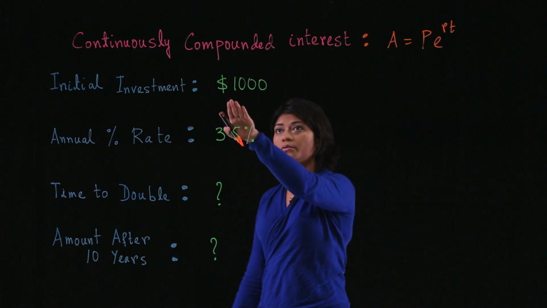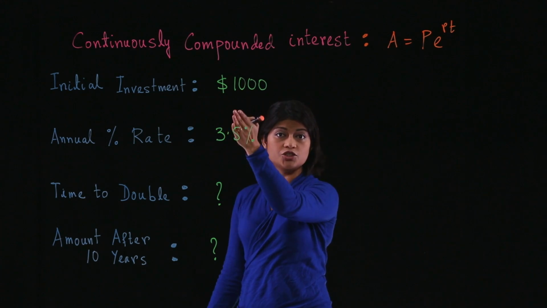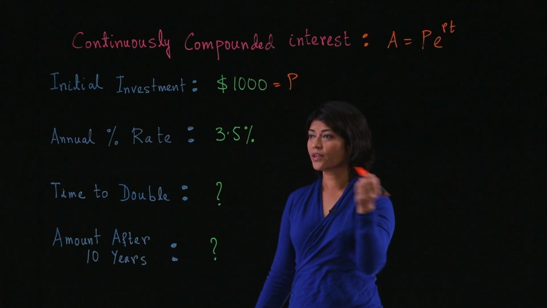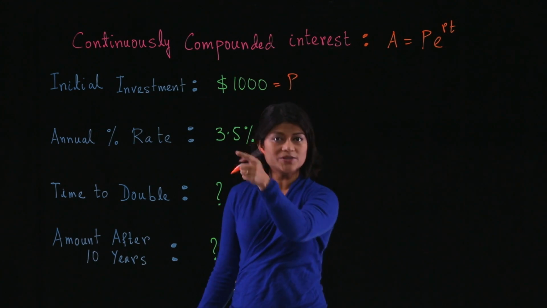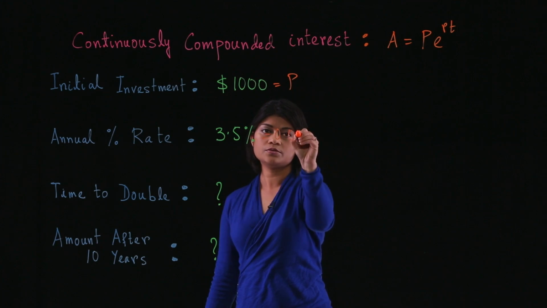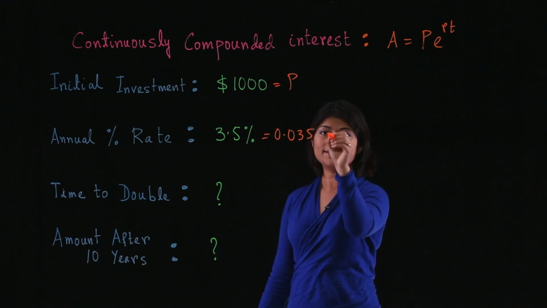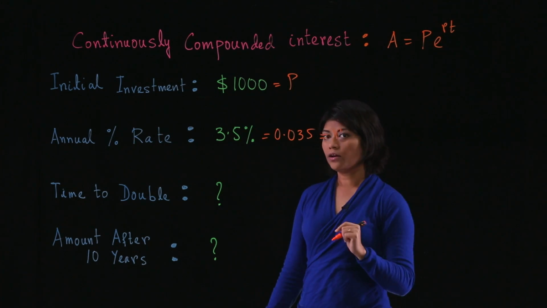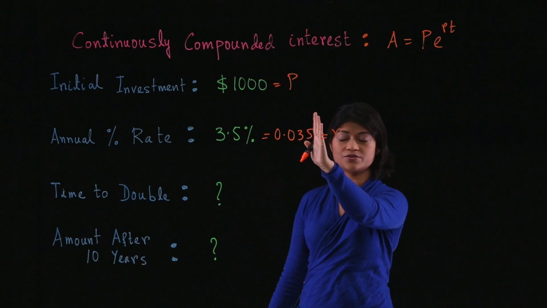So this $1,000 is the initial investment. Therefore, this is the value of P. The rate is 3.5%, which is 0.035, and that is the small r. That's all given to us, right?